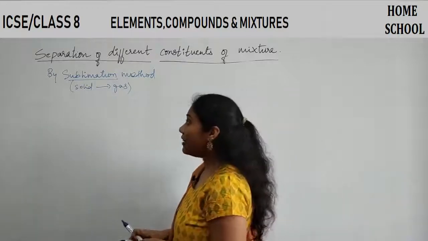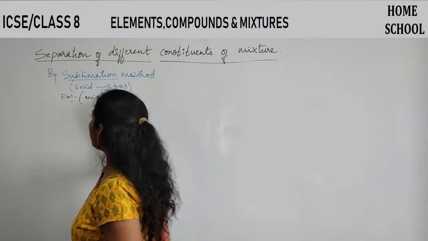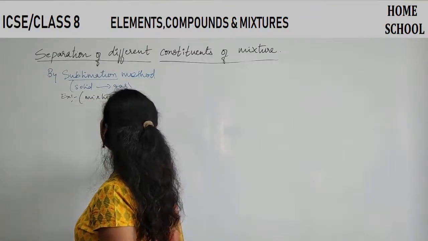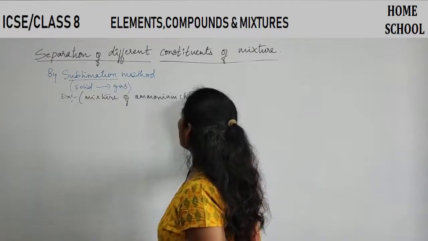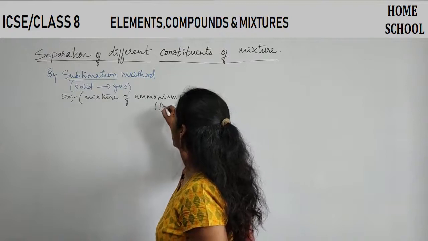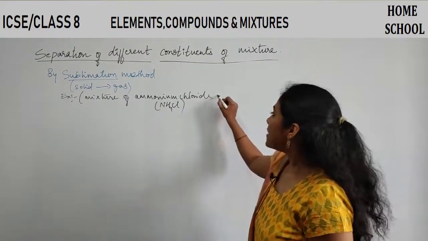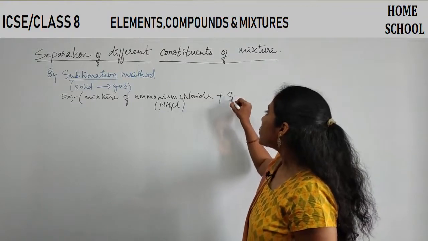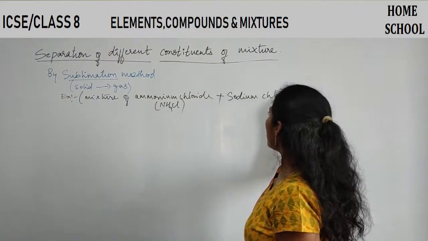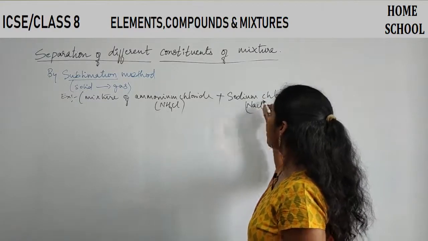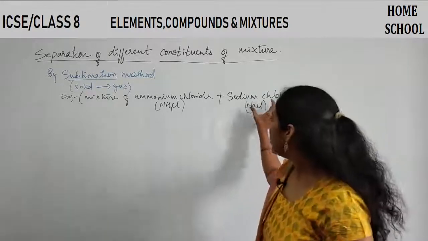Here I will take an example of a mixture of ammonium chloride. What may be the formula of ammonium chloride? NH4Cl is the formula of ammonium chloride. This ammonium chloride is mixed with sodium chloride. What is the formula? NaCl. Ammonium chloride has a different property compared to sodium chloride.